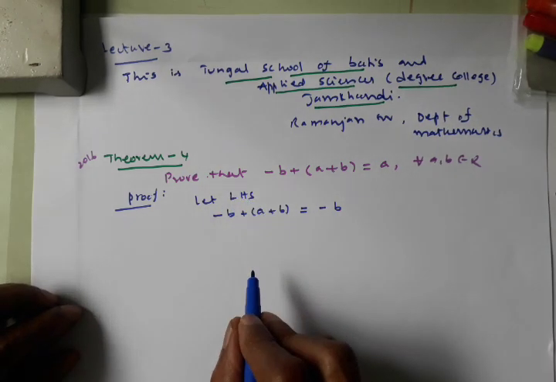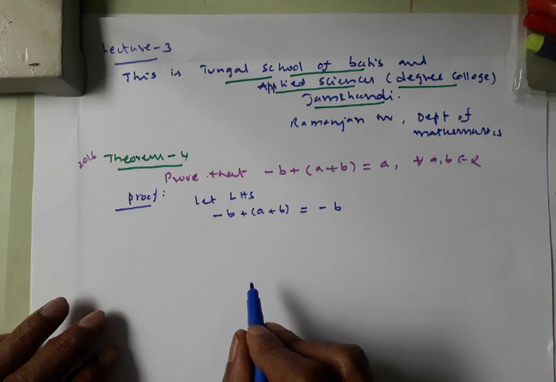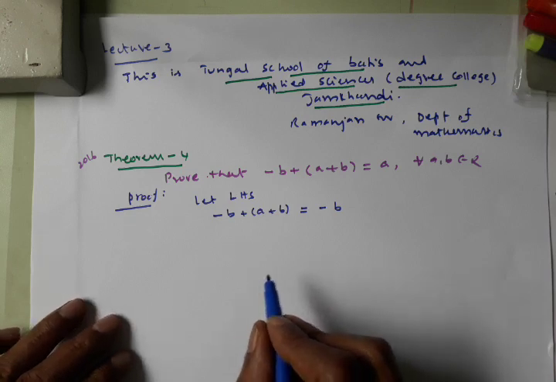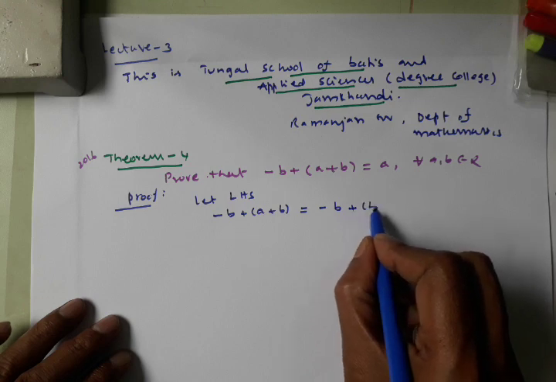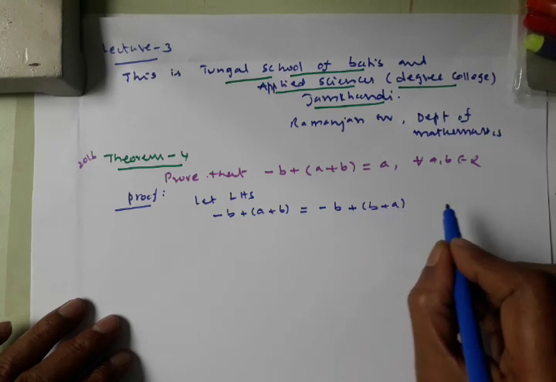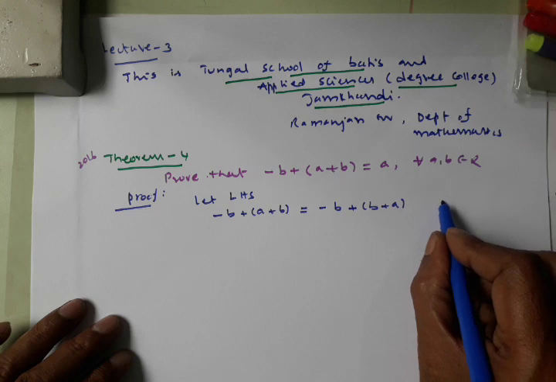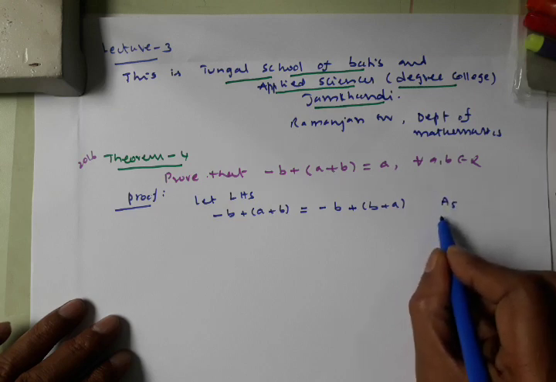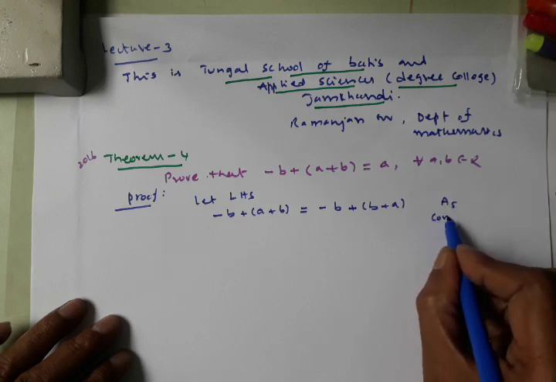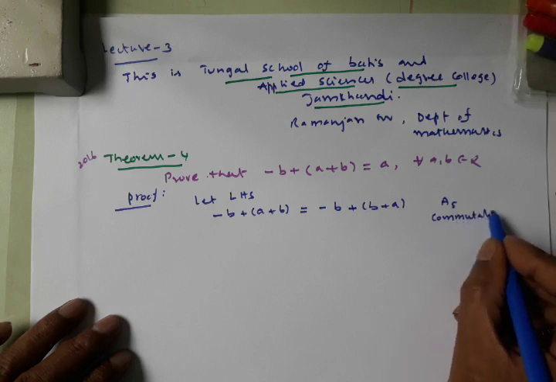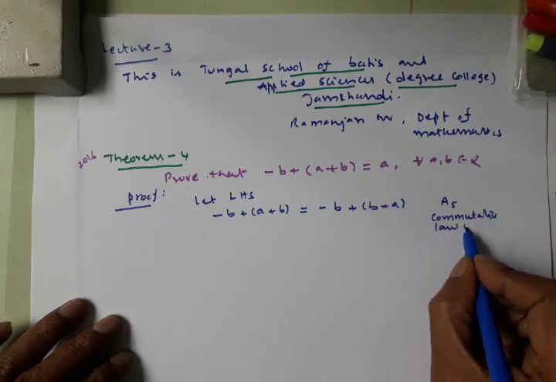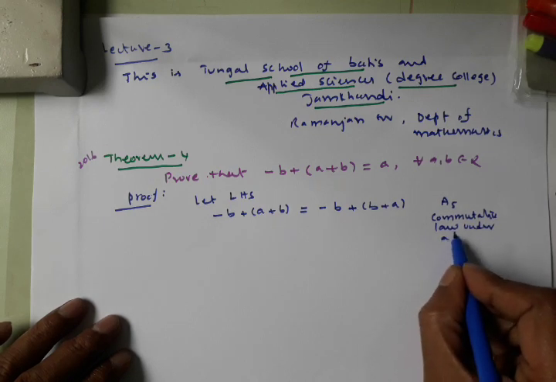LHS: minus b plus of a plus b is equal to minus b plus of b plus a by commutative law under addition, A5.